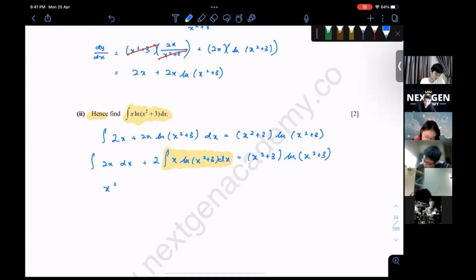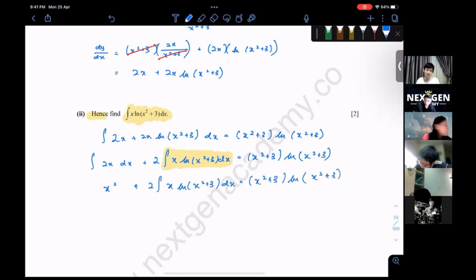So you can integrate first, or you want to move it also can. So you'll get x squared ln x squared plus 3 dx equals to, okay, in exam also you don't have to keep writing this because it's very long, right? The equation. So actually it's quite a simple one. So we can just immediately do the whole thing already.